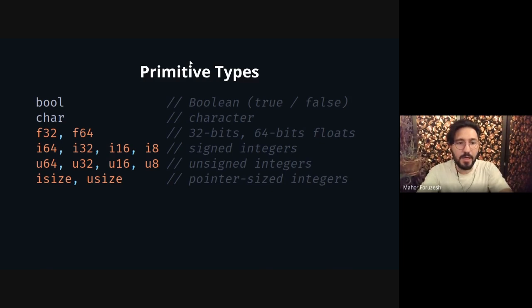And we have i64, i32, and so on. They are signed integers. And we have u64, u32. They are unsigned integers. And we also have usize and isize, which the compiler will automatically choose a size for you, depending on the operating system and the hardware.